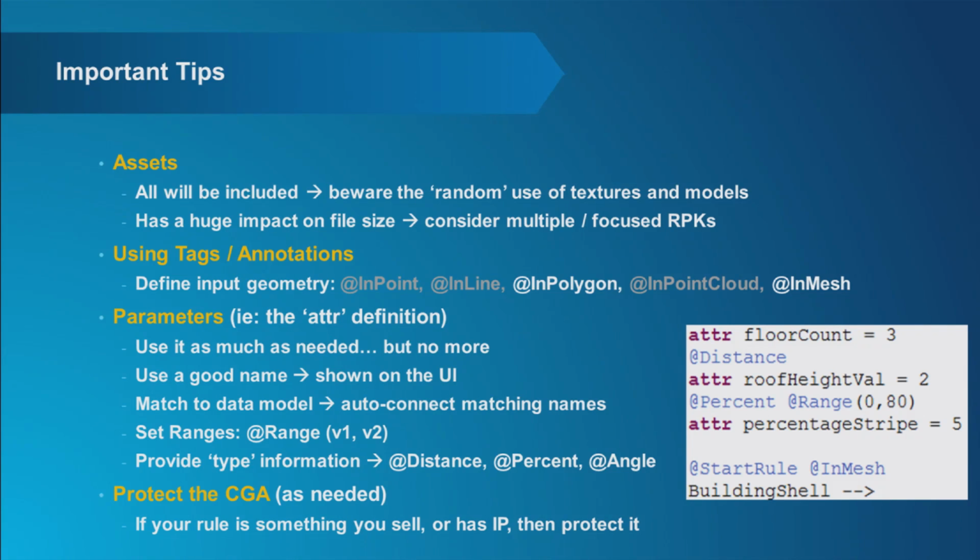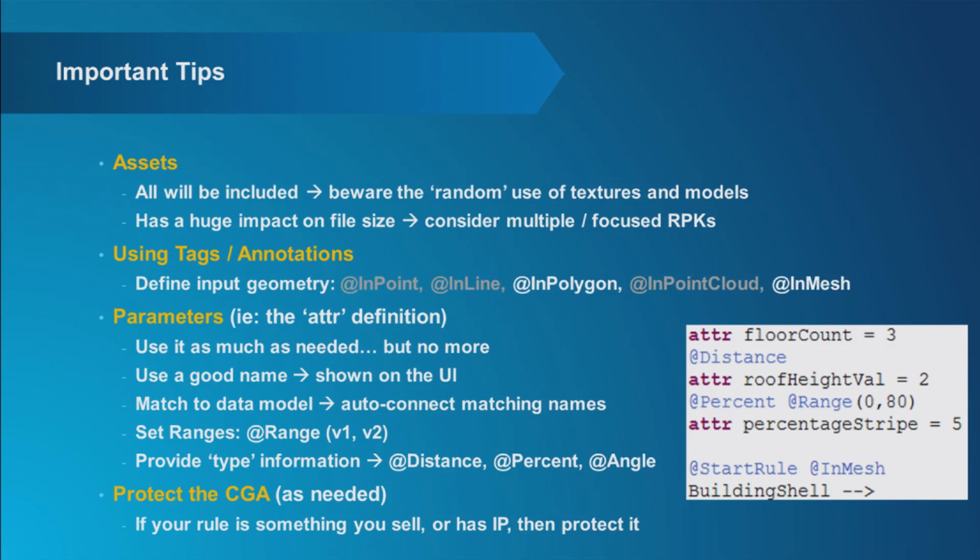But when you publish those or create features from those, or export all those textures, you're going to get a unique one for each variant. So if you use a huge range of colors, you could wind up with thousands of textures and really large RPKs. So just be aware of that.